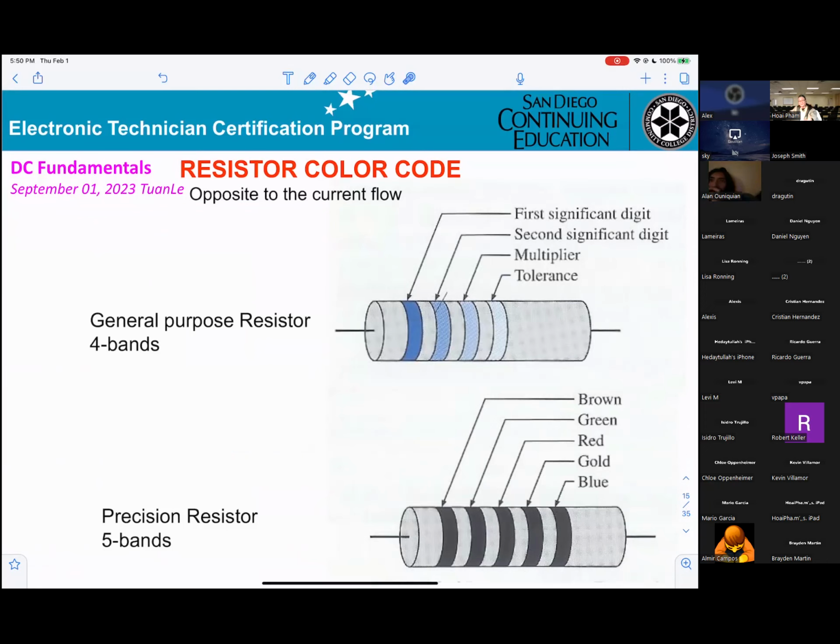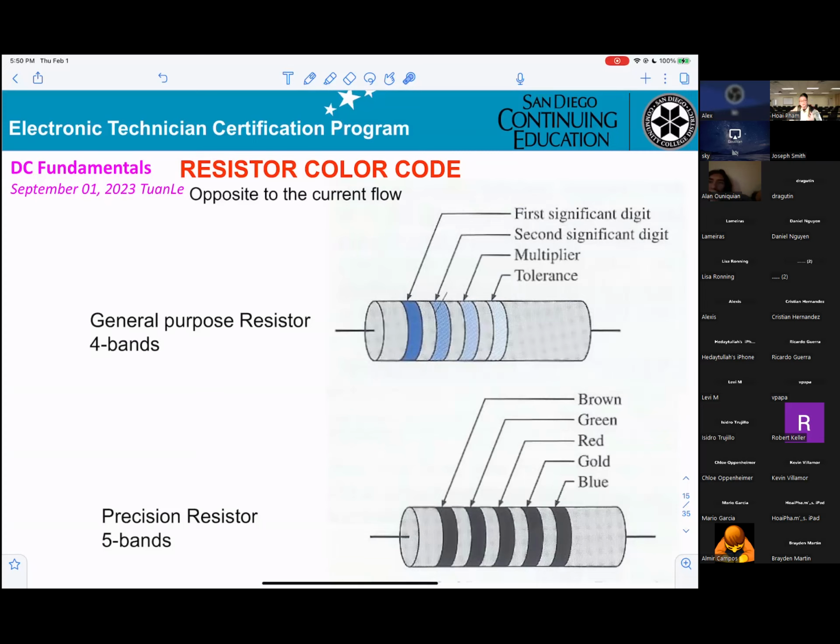Okay, now if I give you a resistor, I can ask you what the value of the resistor is. On this part here, we're talking about teaching assembler people.